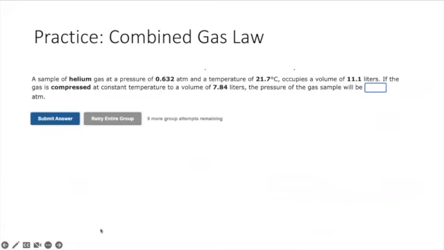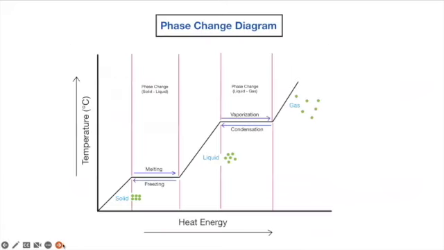All right. And so then the final slide for chapter 6 here is a phase change diagram. We might have seen this before, or it might just feel intuitive. But as we increase temperature, we change from the phases solid to liquid to gas.